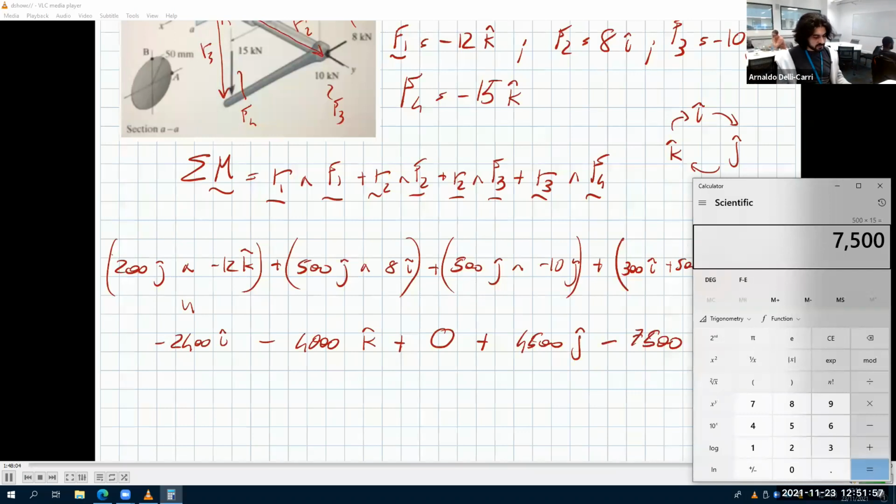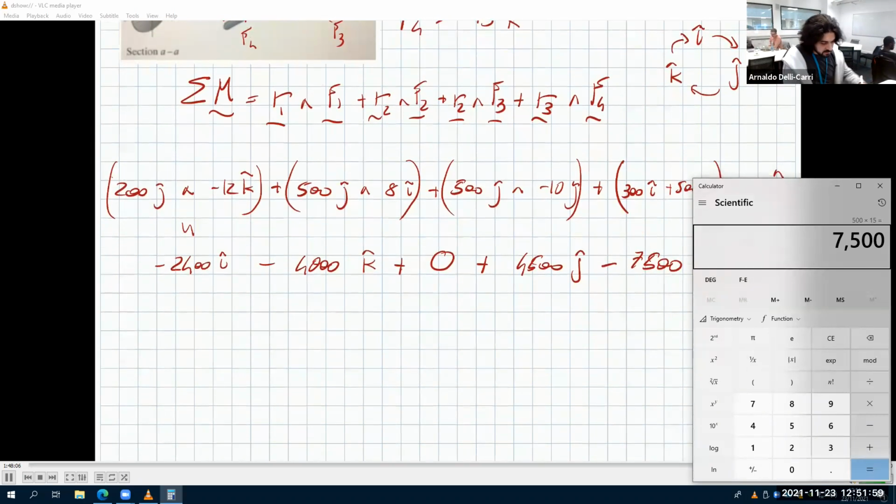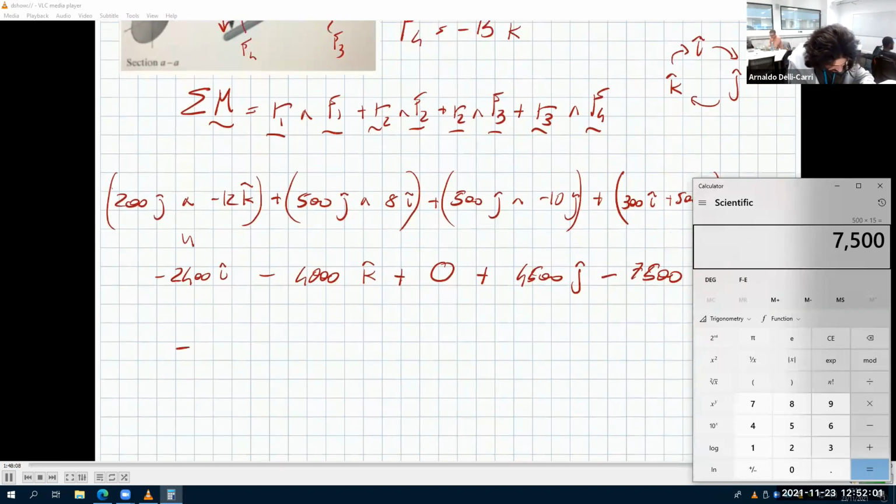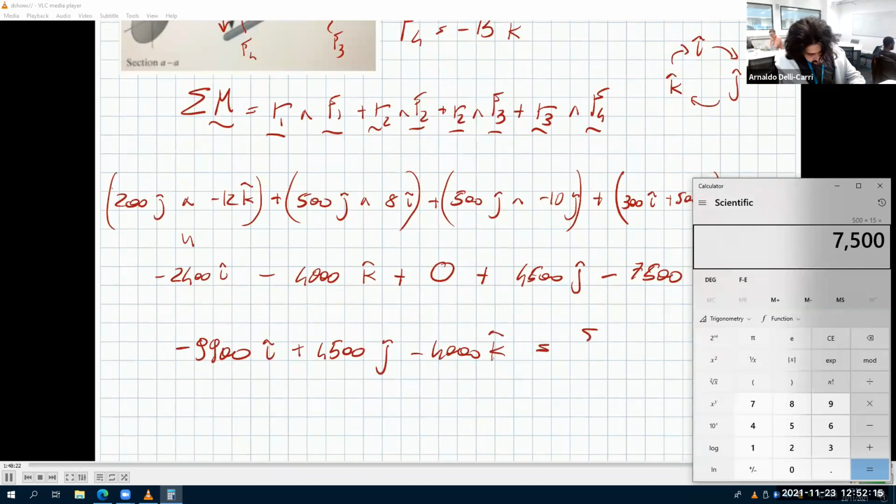So using these, it's minus 9,900i plus 4,500j minus 4,000k. And this is the sum of moments about the section of interest. Okay.